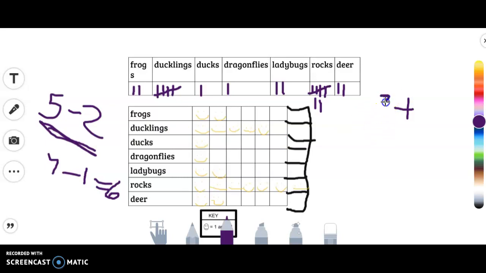Frogs is 2, and ducklings is 5. Pause the video. Right, there are 7 frogs and ducklings combined. So this is how we answer questions using our picture graph. So that's what you are going to do today.